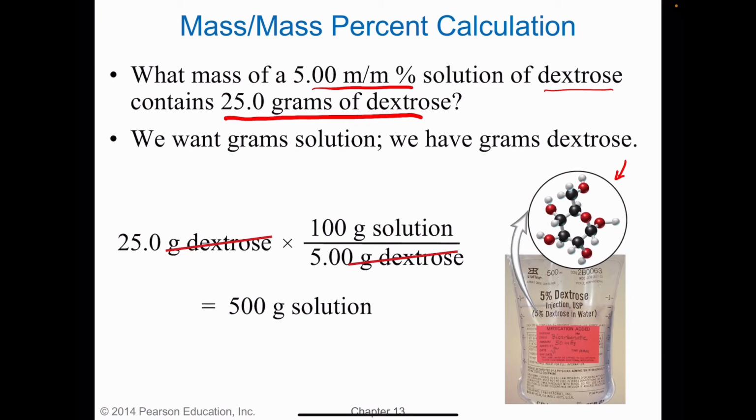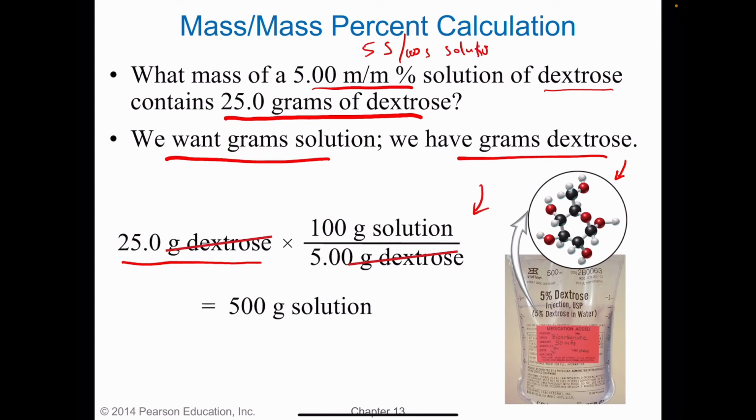We want grams of the solution, and we have grams of dextrose. So 25 grams, we just write what we first have, the information that we know: 25 grams of dextrose. 5% by mass means 5 grams of dextrose per 100 grams of solution, which is the conversion they're using here.